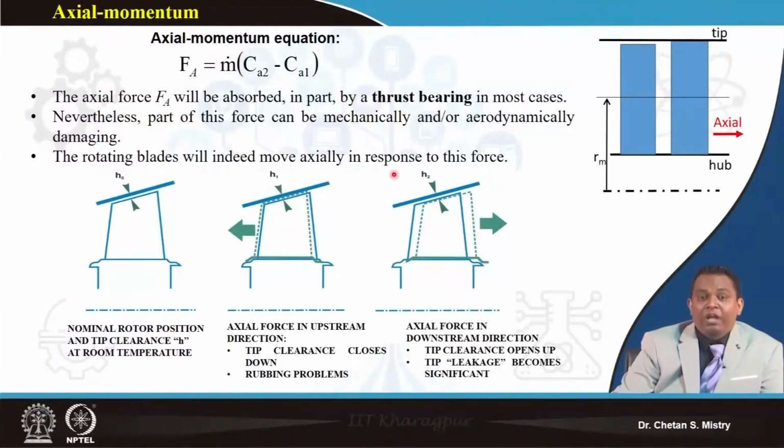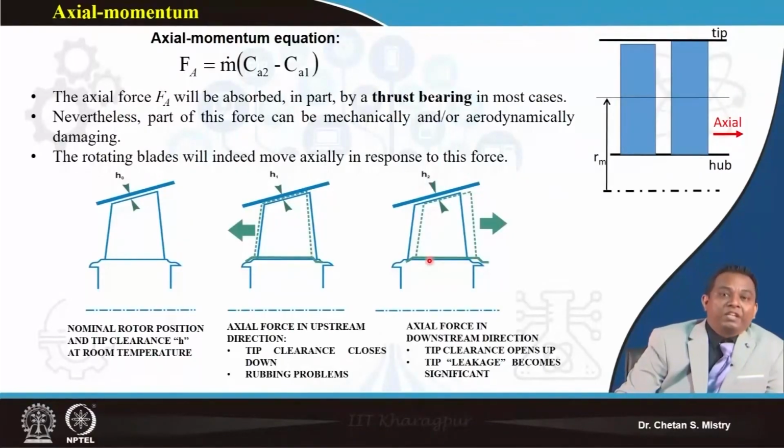Now if I go the other way, suppose the axial force is acting in the downstream direction. Then the gap between the rotor and casing is going to increase.